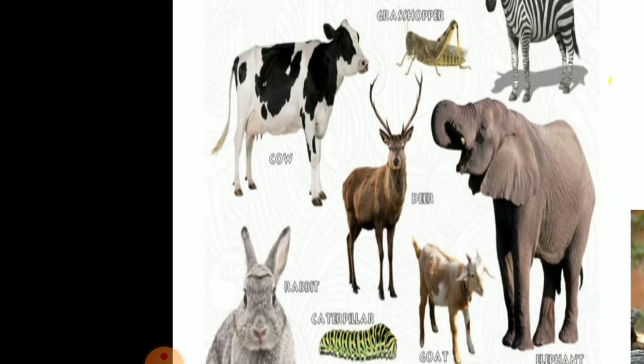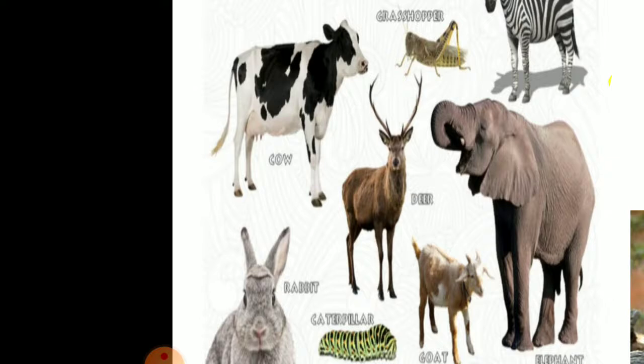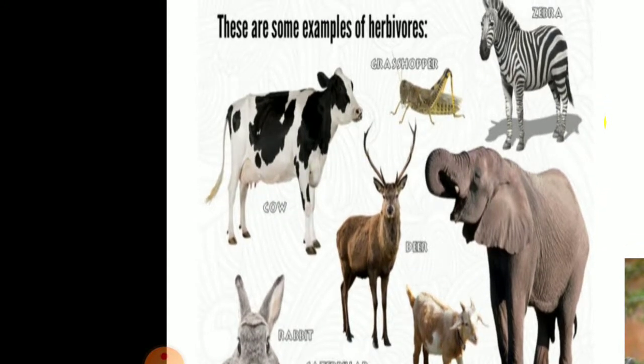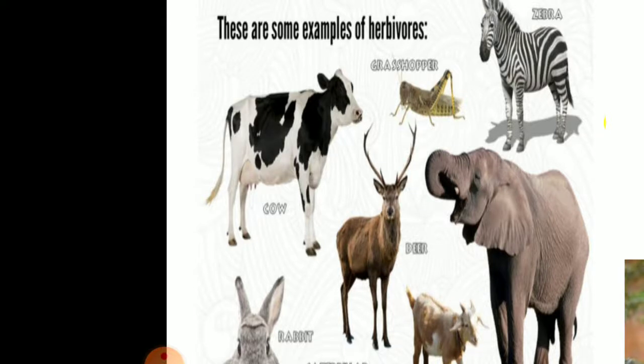Goat is also a herbivore, it eats only grass. Elephant eats leaves and branches. Grasshopper eats only grass, that is why its name is grasshopper, it depends on grass. Zebra is also a herbivorous animal, depends on plants and plant products.